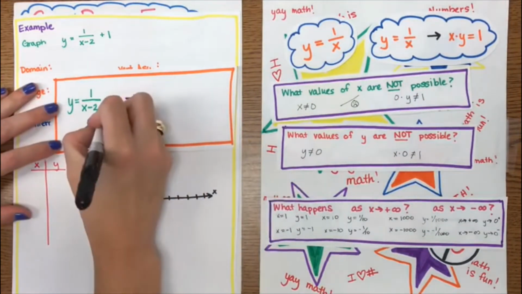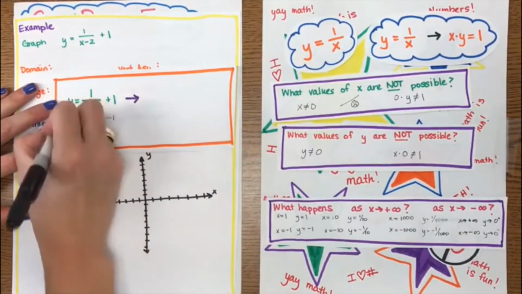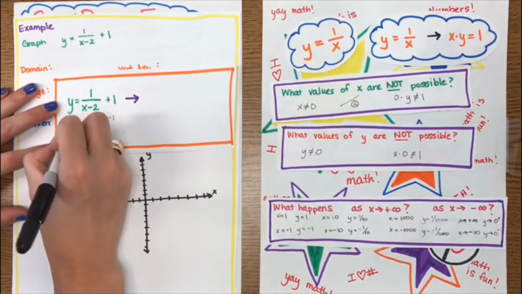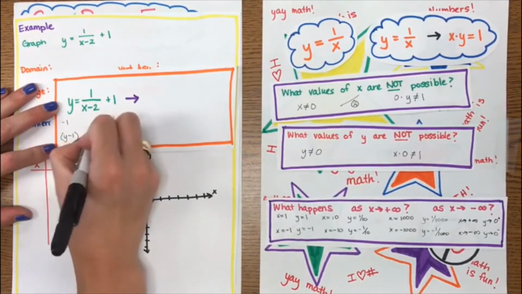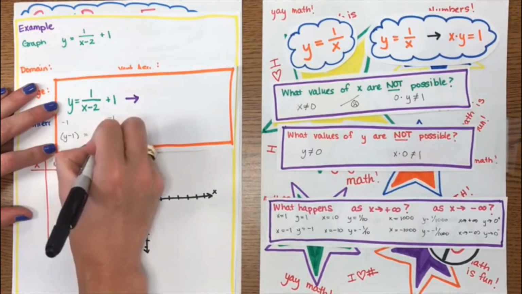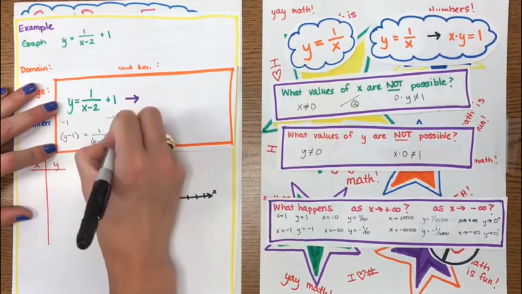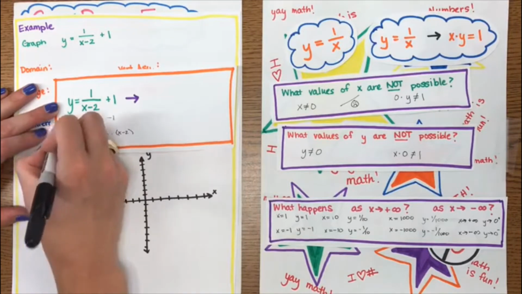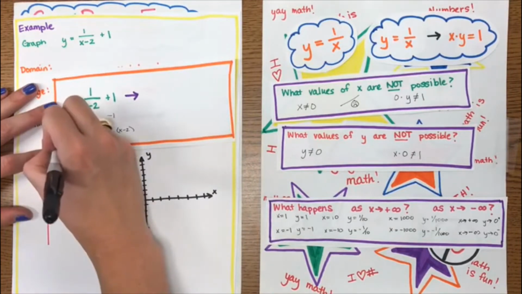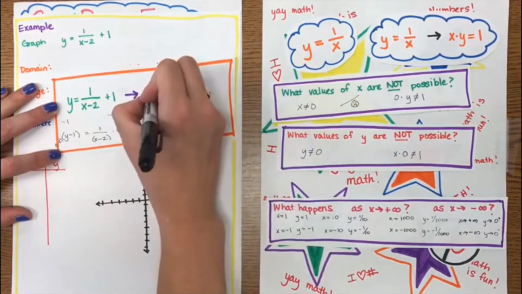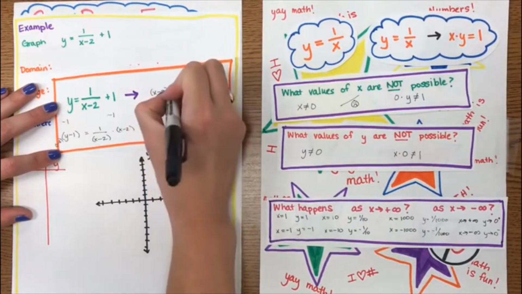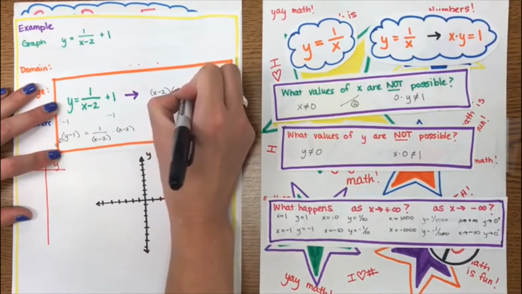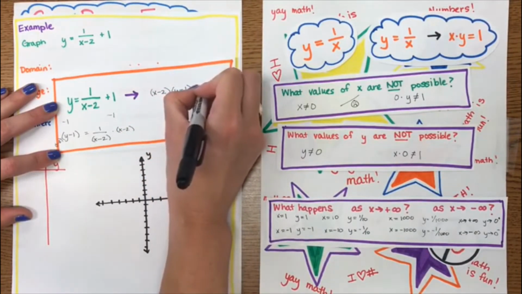First, I'm going to subtract 1 from each side. That gives me y minus 1 is equal to 1 over x minus 2. Then I'm going to multiply both sides by x minus 2, and that gives me x minus 2 times y minus 1 is equal to 1.